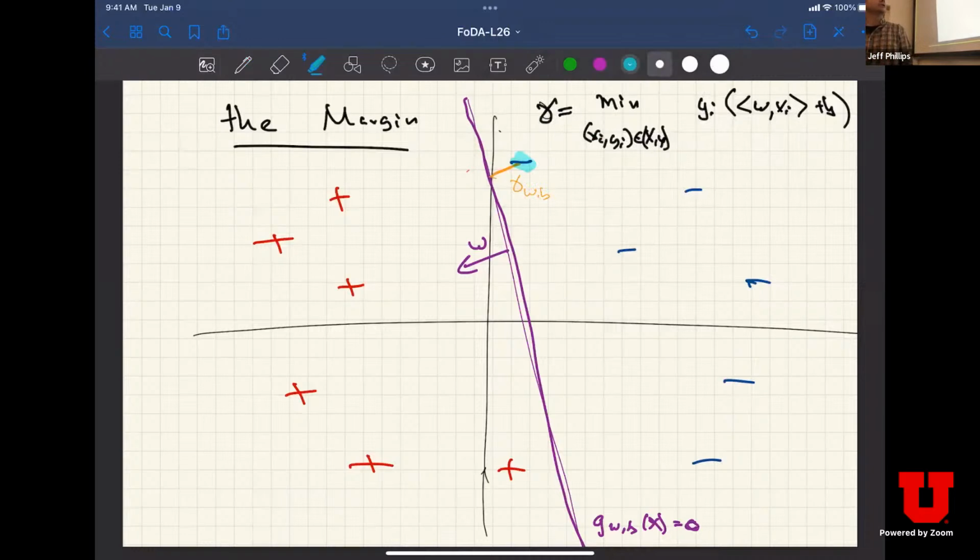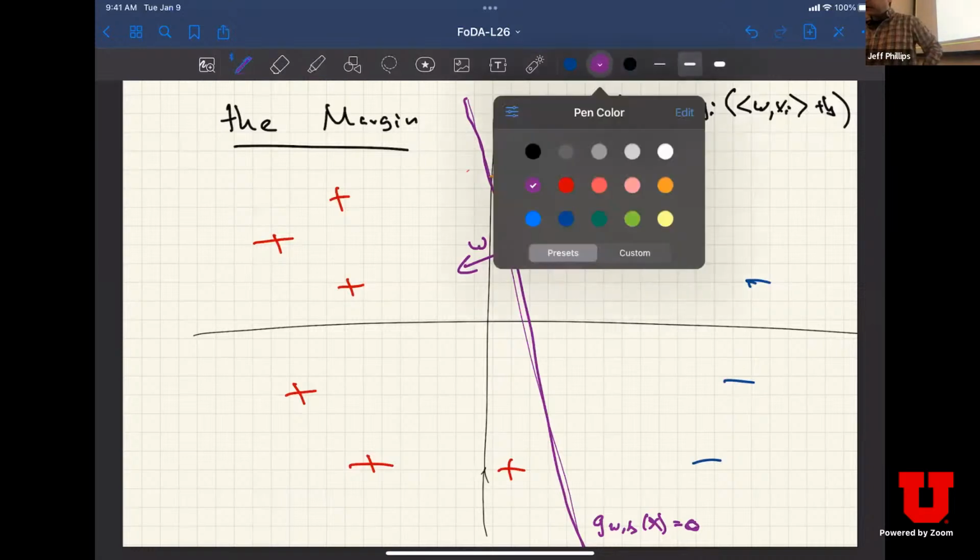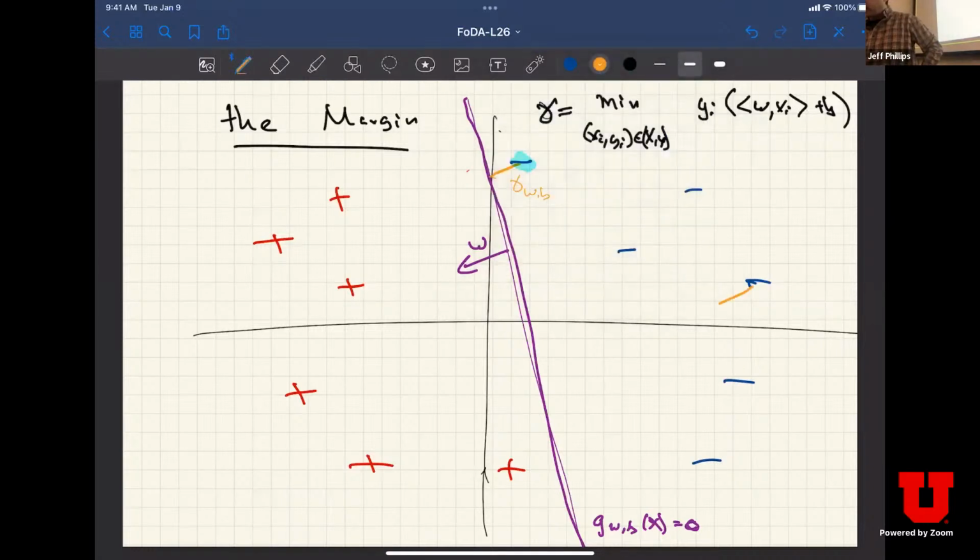If I were to compute this value, I'm taking the min over all points, right? The min value for all points. If I compute this distance to the classifier from another point here, this gives me a larger distance.